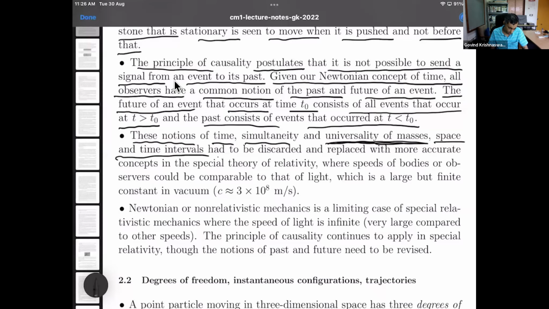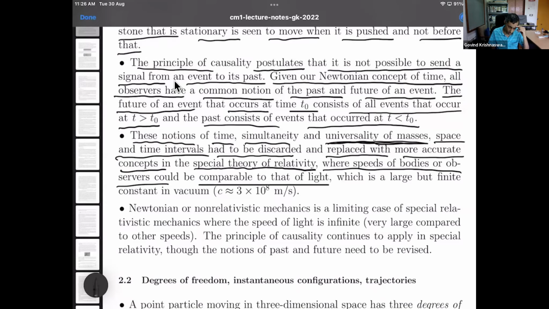Unfortunately, nature forced us to discard these concepts and replace them with more accurate concepts in the so-called special theory of relativity, where the speeds of bodies or of observers could be comparable to that of light, and that speed of light is a large but finite constant in vacuum given by 3 times 10 to the power of 8 meters per second.